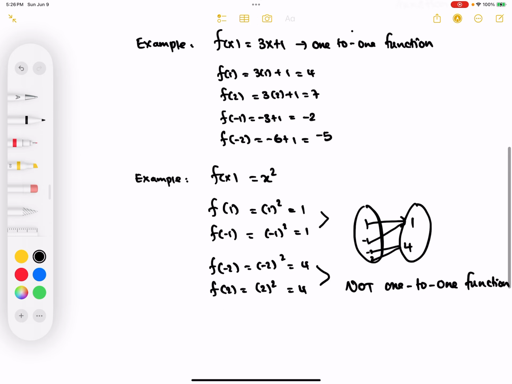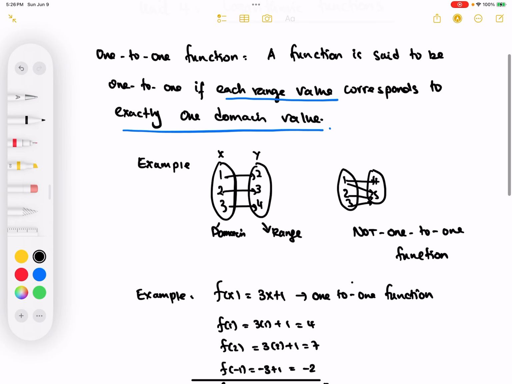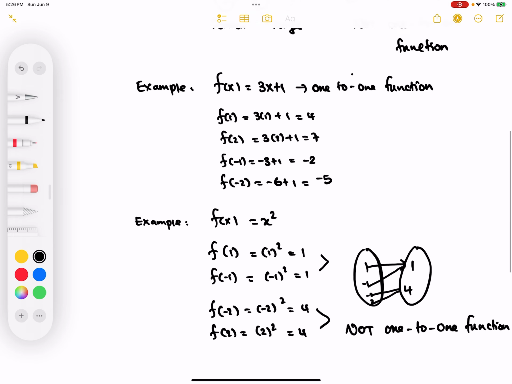So one-to-one function and not one-to-one function. The definition is a function is said to be one-to-one if each range value corresponds to exactly one domain value.